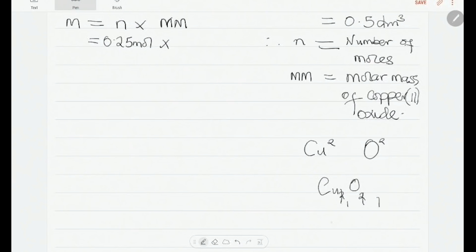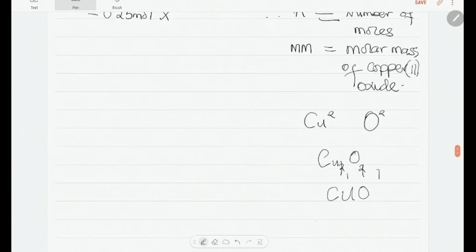After finding our formula, we find the molar mass of copper oxide. We list the elements found in copper oxide, that is copper itself and oxygen. How many atoms of copper do we have? 1, multiplied by the mass number of copper from the periodic table, that is 64. Then how many atoms of oxygen do we have? 1, multiplied by the mass number of oxygen from the periodic table, that is 16. When we add this, we get 80.